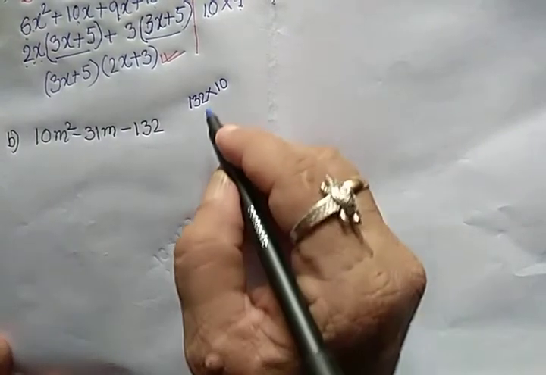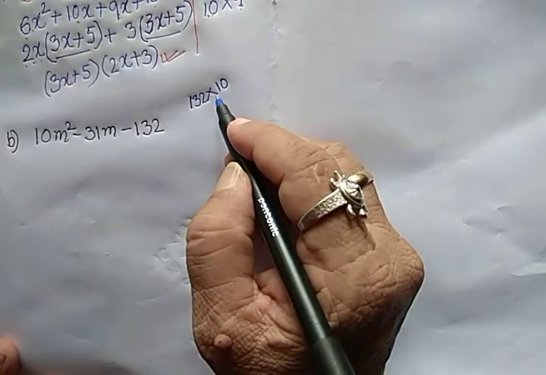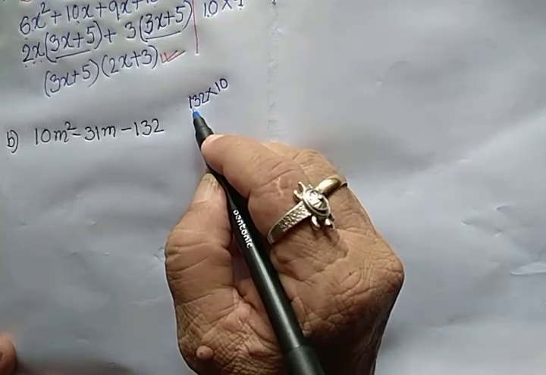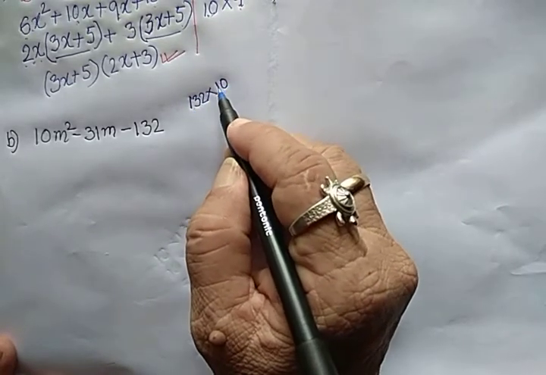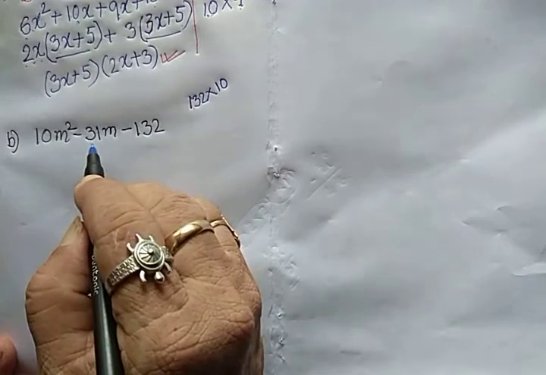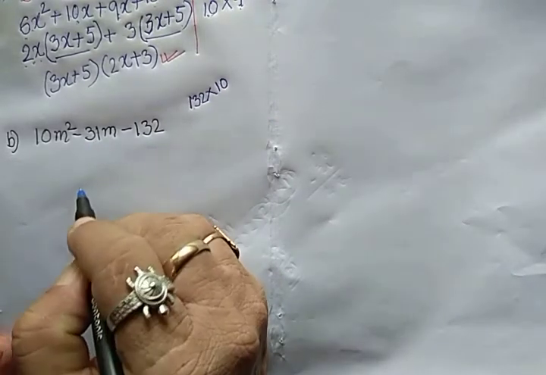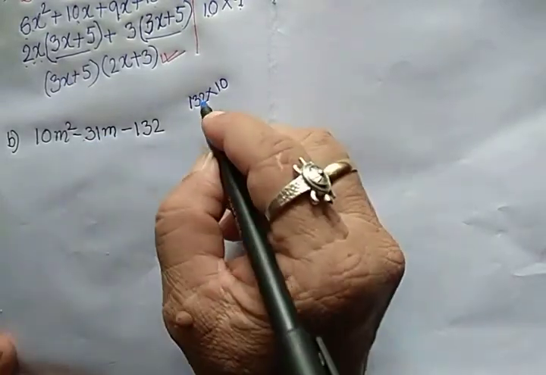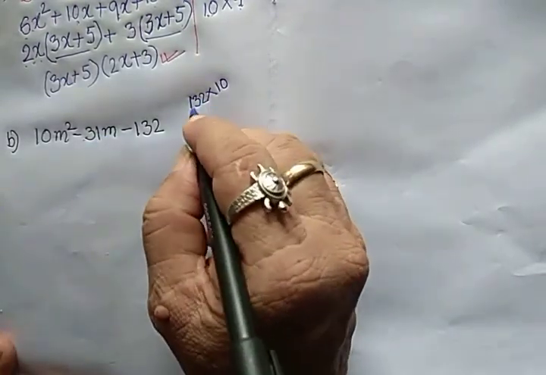You have to break this into such factors that by multiplying we get 1320 and by adding we should get 31. Clear? Sign also we should check. So let us break these two.